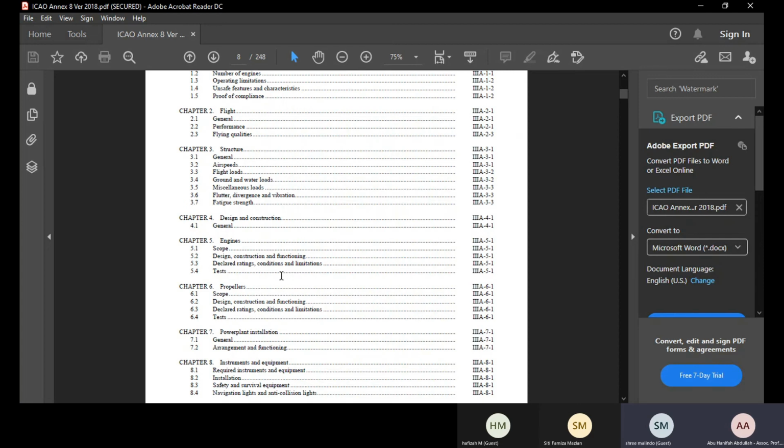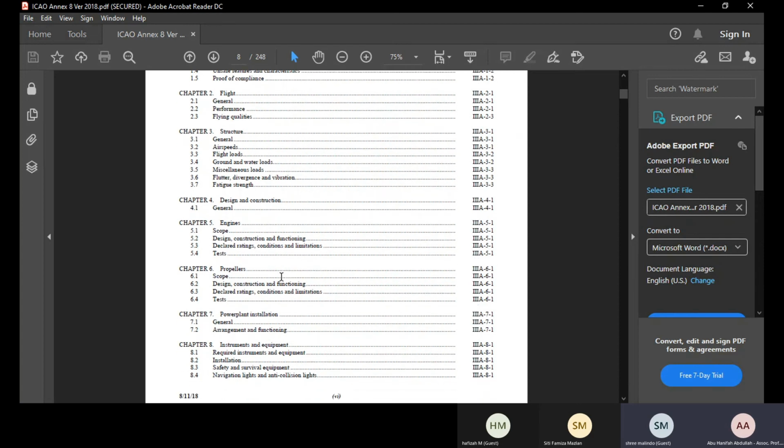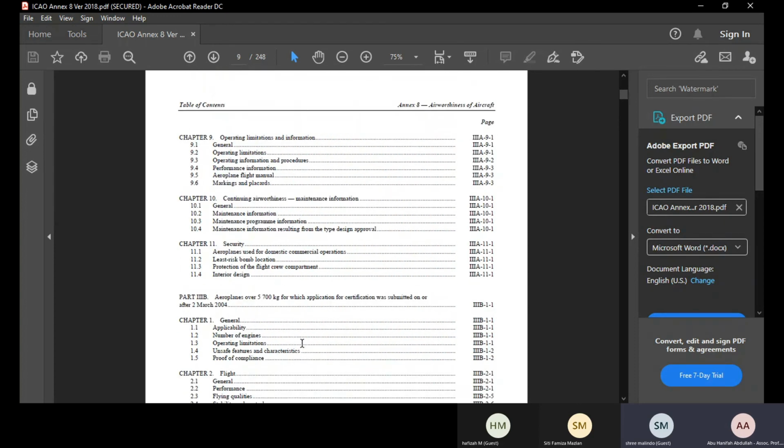Okay. So chapter 7, power plant, chapter 8, instrument and equipment. This is subpart F. And operating limitation information is subpart G. So 9 and 10 is together, which is subpart G.